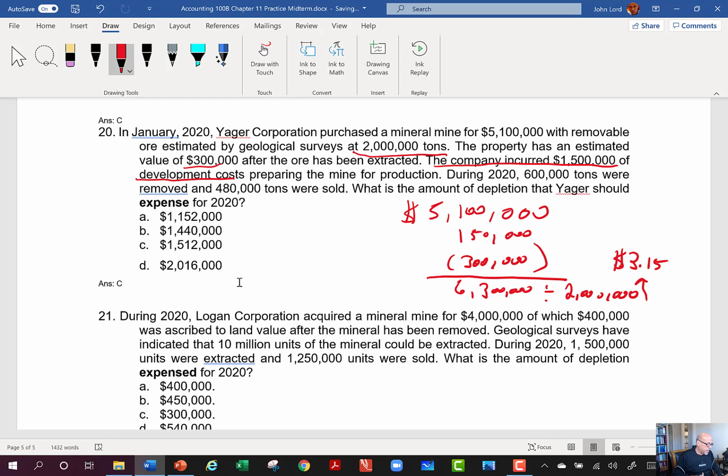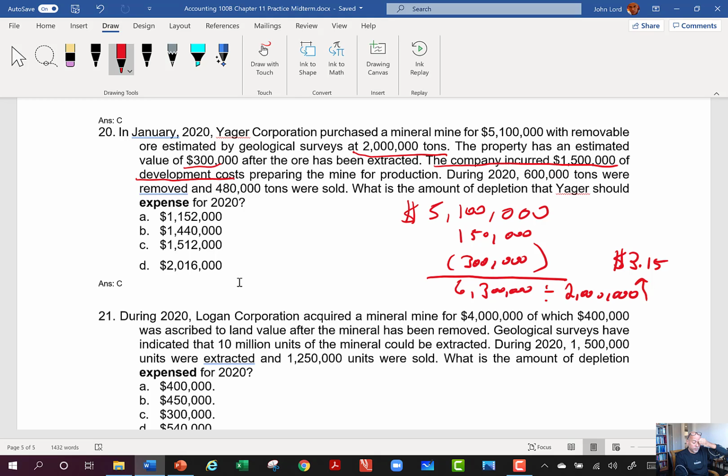So then they want to know, how much should we take as depletion expense? They're bolding this word expense here because they don't want you to figure out the total amount that would go into inventory. The book keeps calling it expense, but on the multiple-step income statement, you would report revenue, whatever you sold it for.